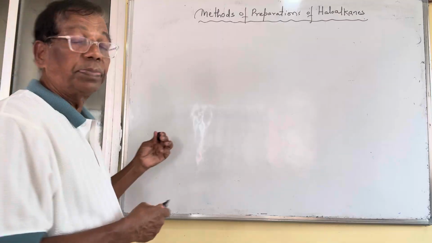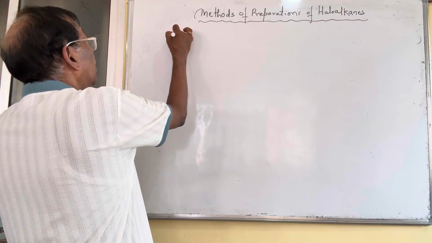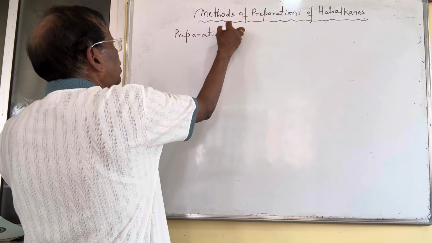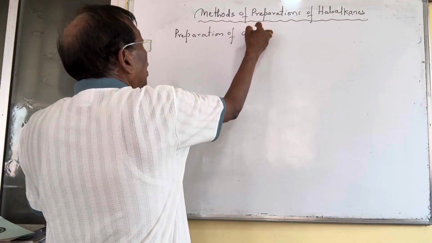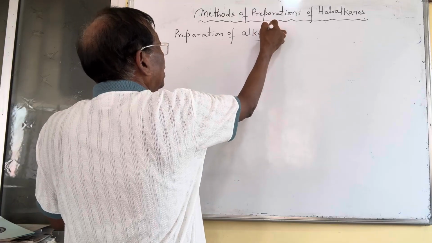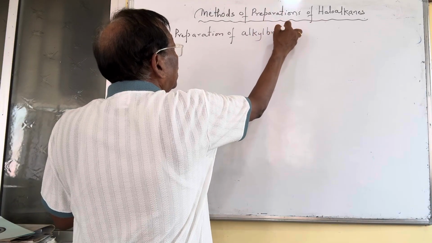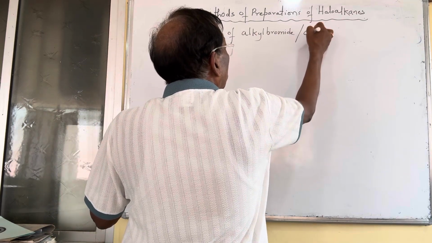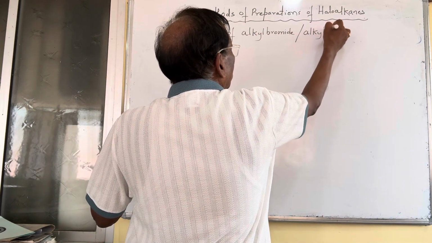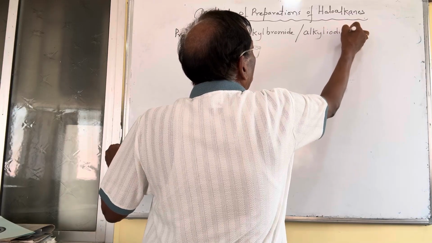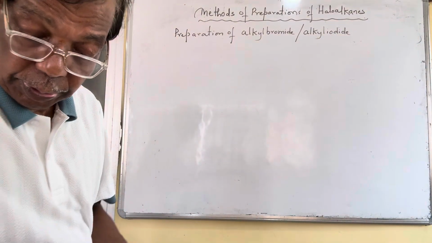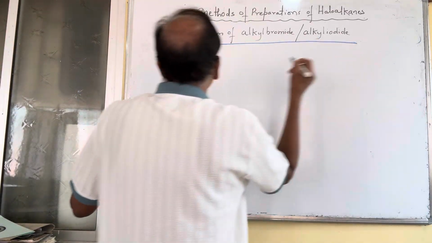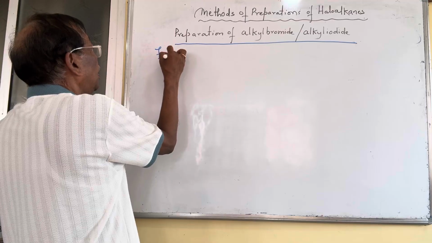Suppose you want to prepare an alkyl bromide, or say alkyl iodide. So to prepare this compound, what is the method? From alcohols only, remember this is from alcohols.